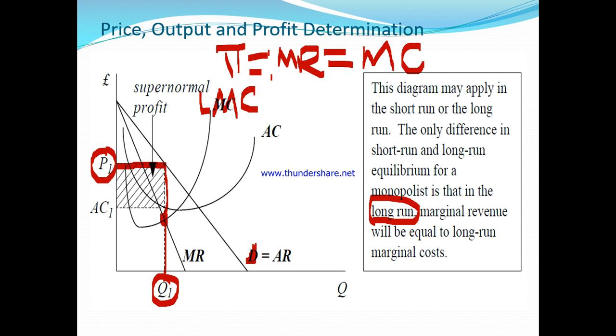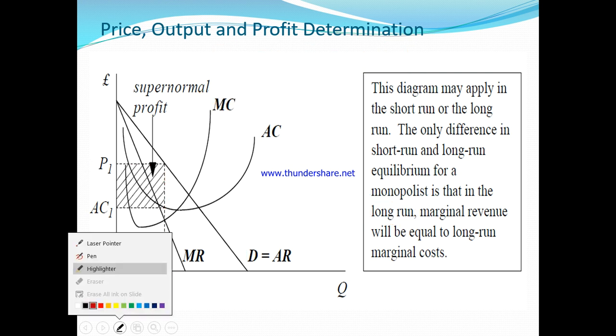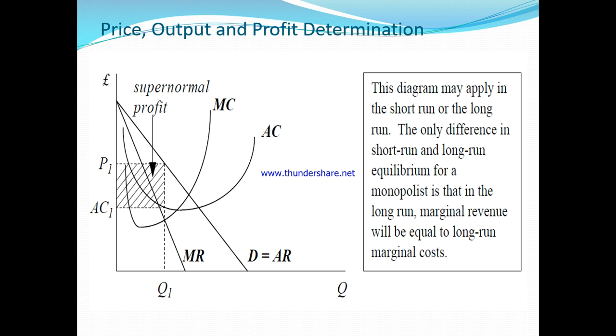Now, how do we show profit for a monopoly? At this profit maximizing output, average revenue is there when average cost is there.